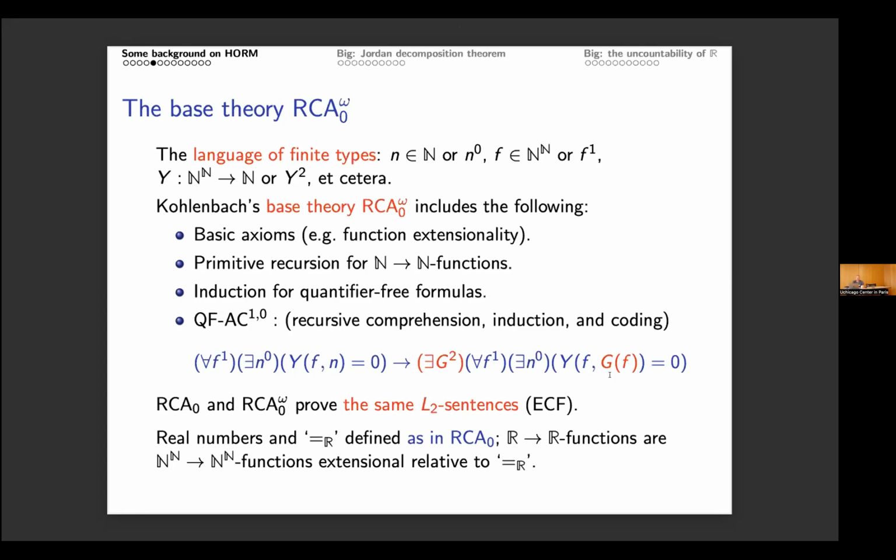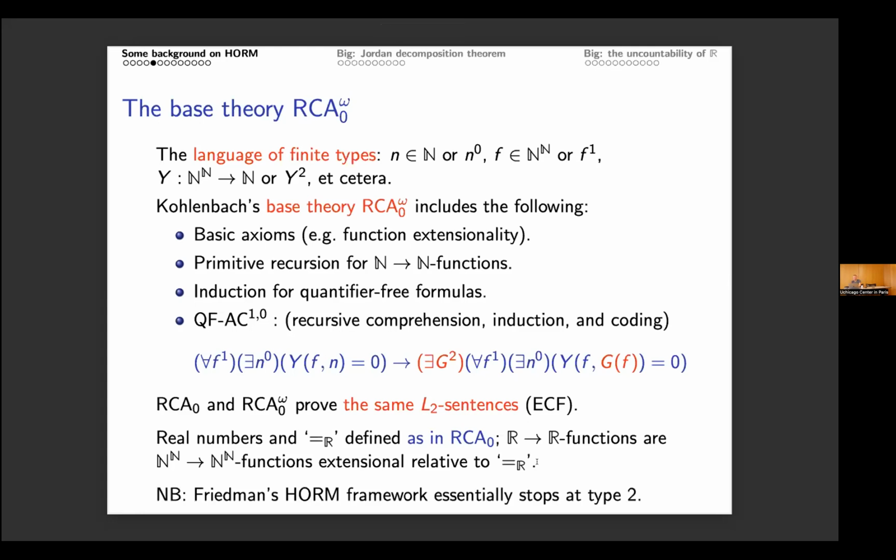Functions from reals to reals are functions from Baire space to Baire space with the right coding, and they have to be extensional relative to the real equality. And that's basic. If you have two reals that are equal, the outputs have to be the same real as well. So it's really just, I mean, they prove the same L2 sentences, they use the same approach to real numbers. It's all very much the same, except that it's third order and more.